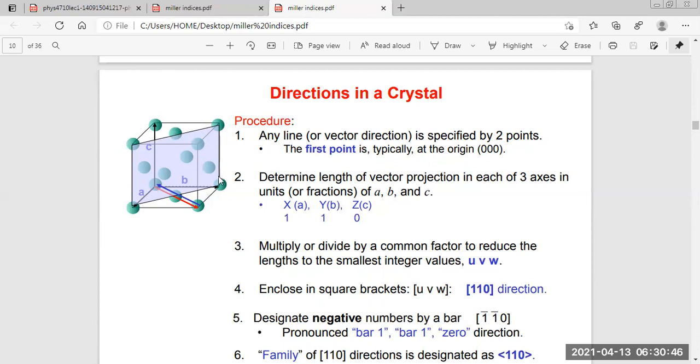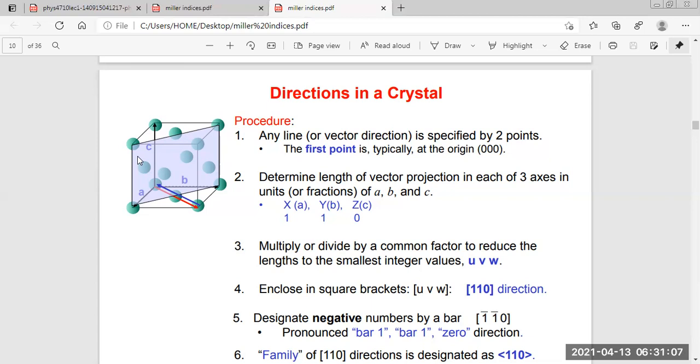This is one plane. I'm talking about this plane, right, which is shown in the figure. So any line is represented by 2 points, typically at the origin, right? Definitely, you have to choose an origin if you want to locate these directions or the lattice plane.